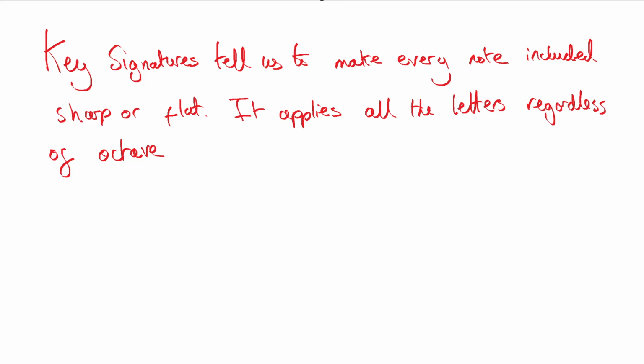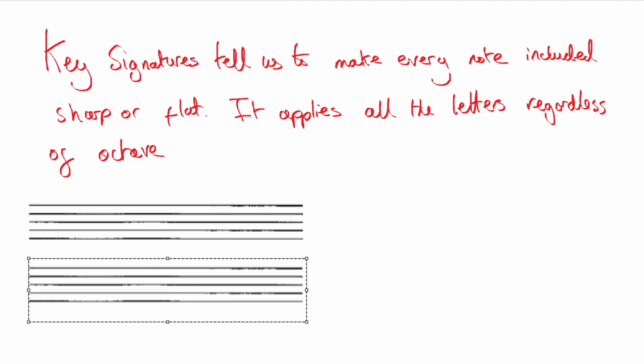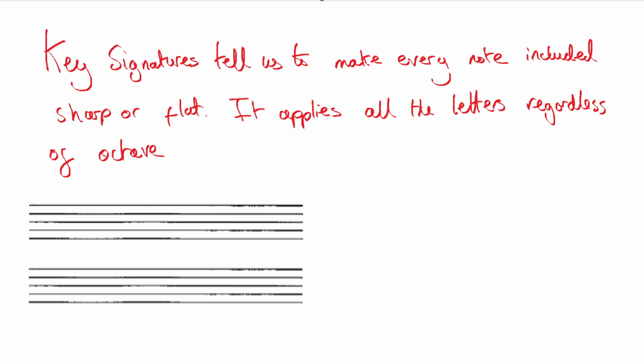Tell you what, actually, I'm going to create 2 of them because we're going to do bass and treble clef. So let's have that one and another one. There we go. Okay, so let me draw my treble clef, and here's my bass clef.